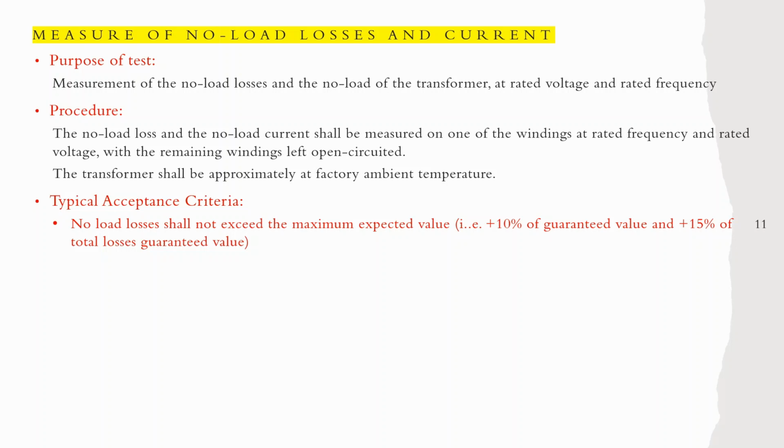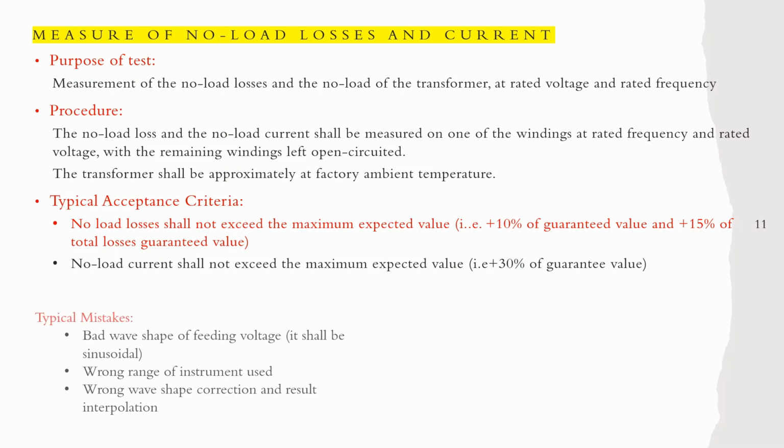The no load losses shall not exceed the maximum expected value plus 10% of the guaranteed value, and 15% plus of the total losses guaranteed value. The no load current shall not exceed the maximum expected value of positive 30% of the guaranteed value.